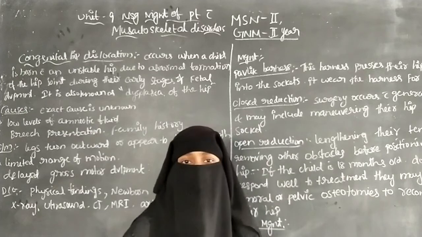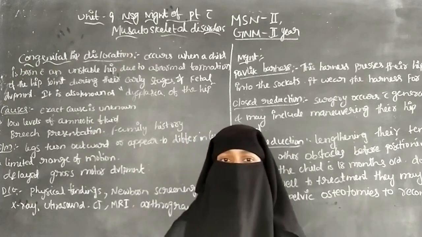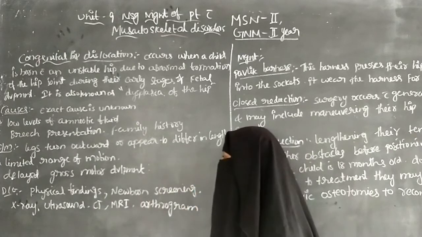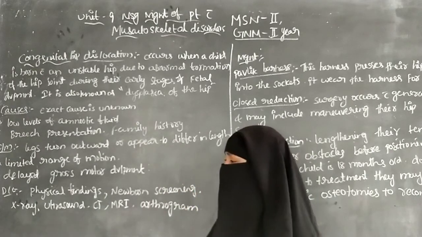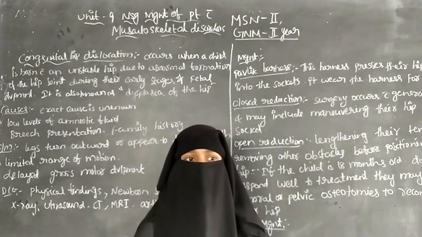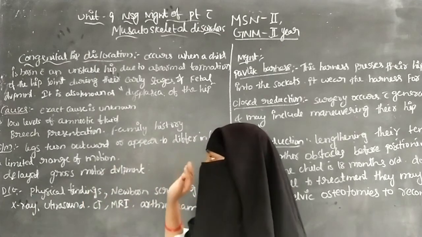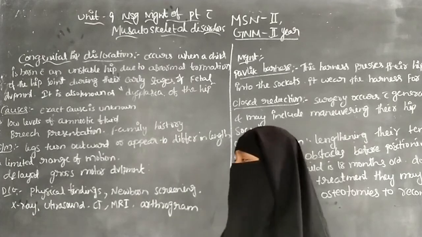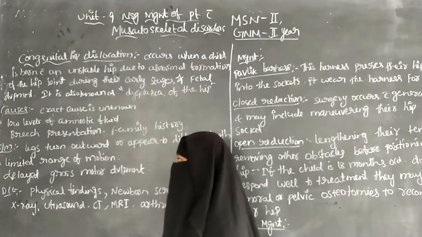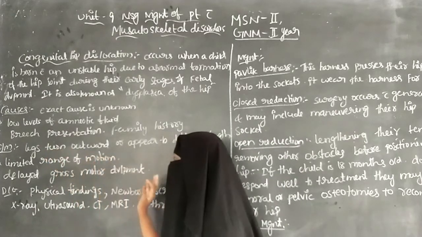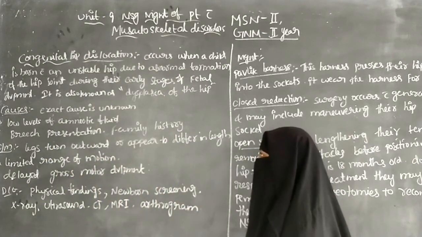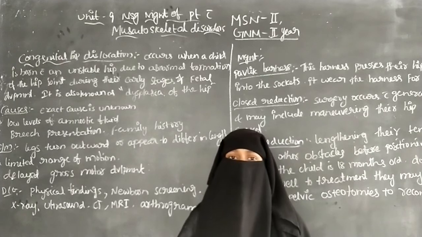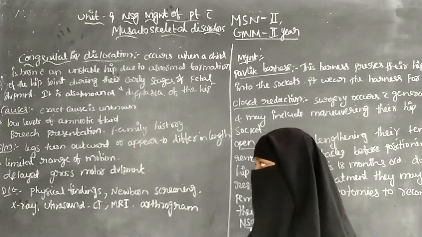The length of the affected leg becomes shorter when compared with the normal one, so there is a difference in the length of the hip joint.